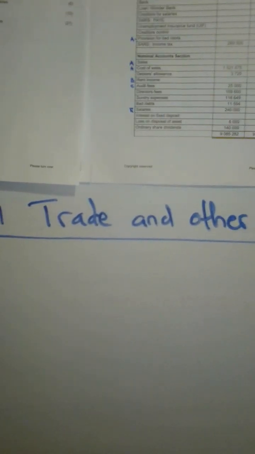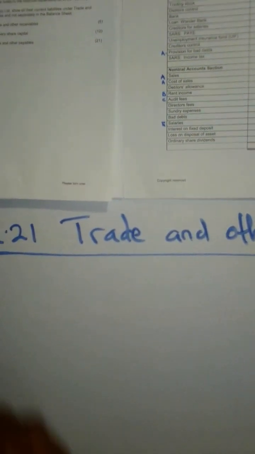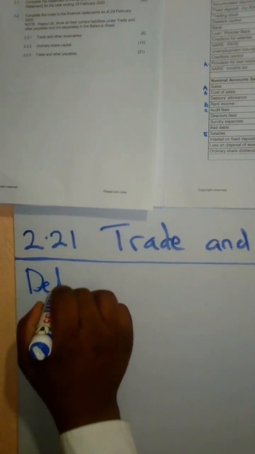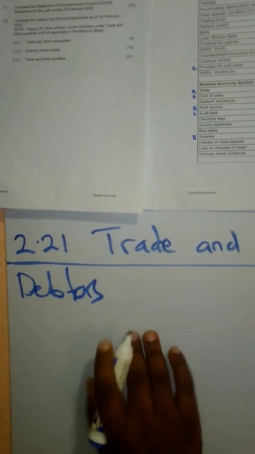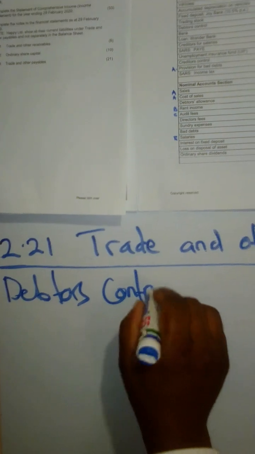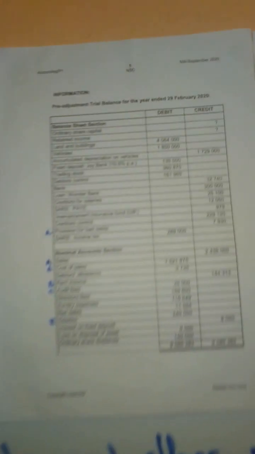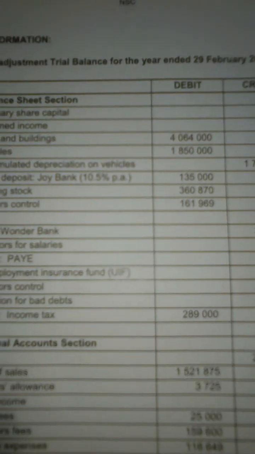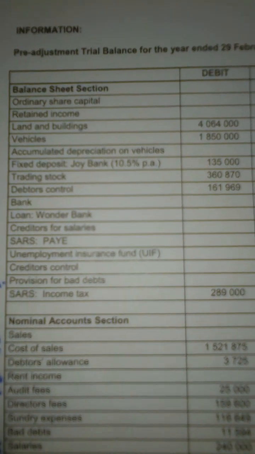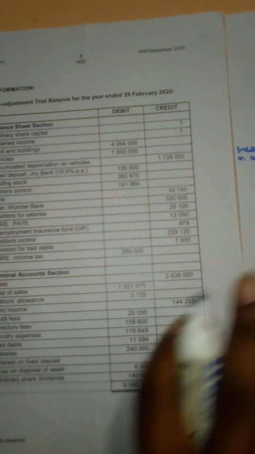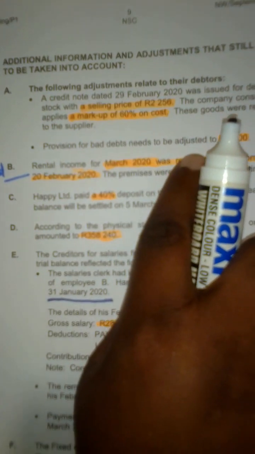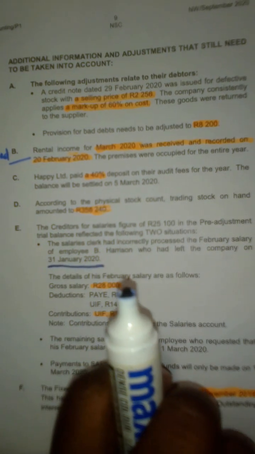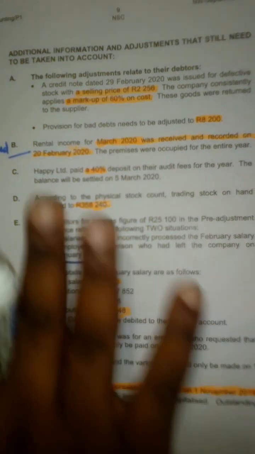The trade and other receivables, we start with our debtors. Our debtors control. The amount for our debtors control is given in the pre-adjustment trial balance. The debtors control is how much? 161,969. And there was adjustment number A, which said the following adjustment relates to their debtors. Debtors, remember, these are customers to whom we have sold something on credit.